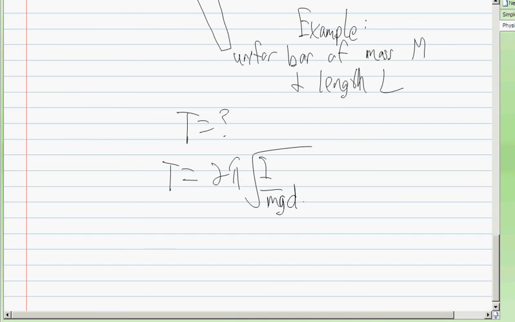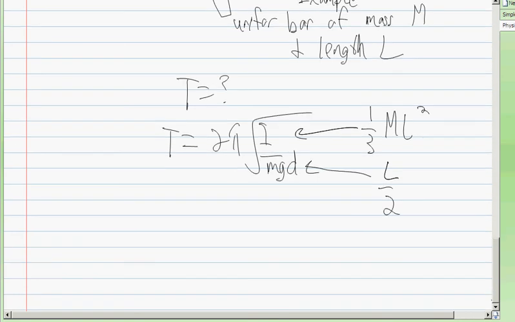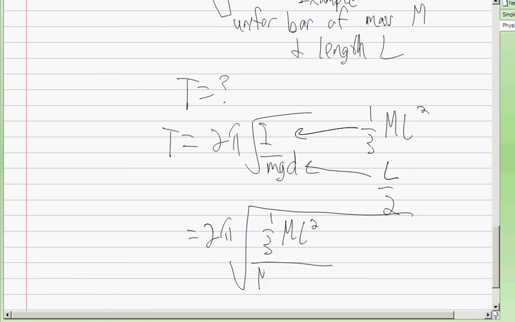Well, let's go through and look at these. I is going to be, because it's swung at the end, 1/3 ml squared. d, because it's the distance from the center of mass, not the distance to the end, is going to be L over 2. So let's reason that out. Okay. 2 pi, square root, going to be big. 1/3 ml squared over mg L over 2.